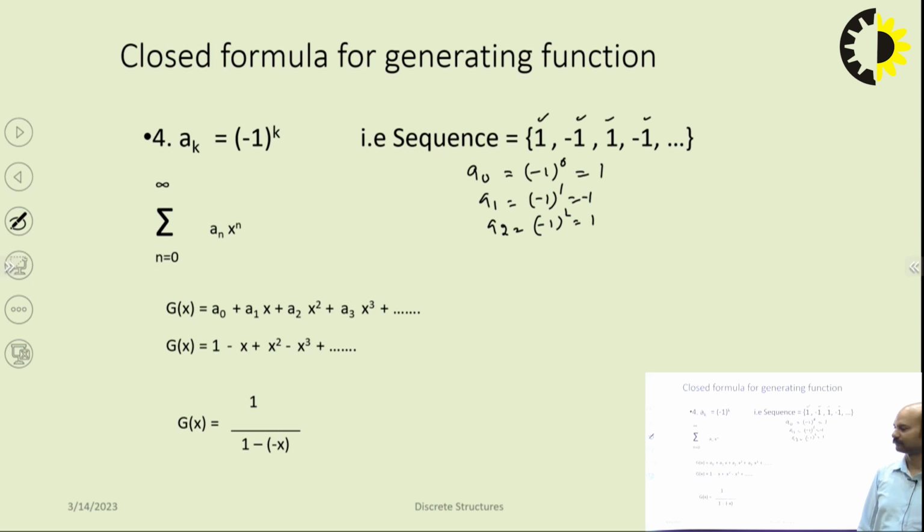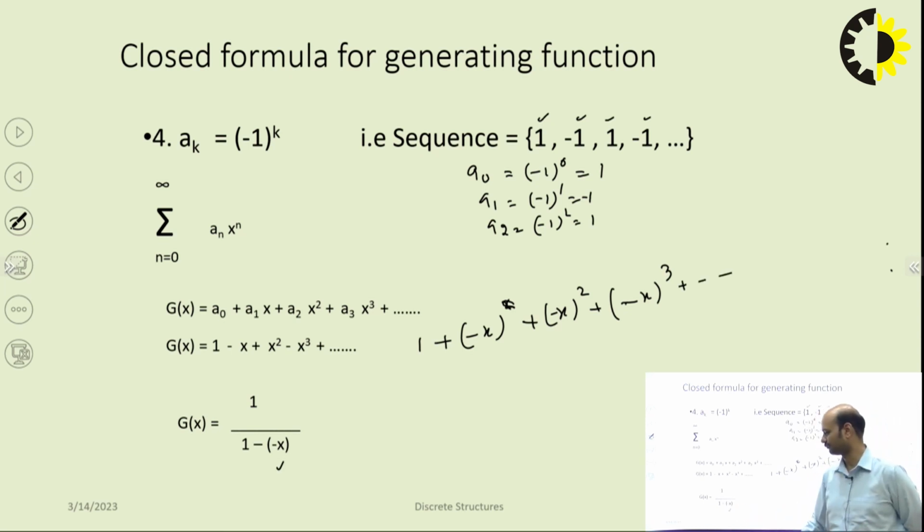Can we write this sequence as 1 + (-x) + (-x)^2 + (-x)^3 and so on?